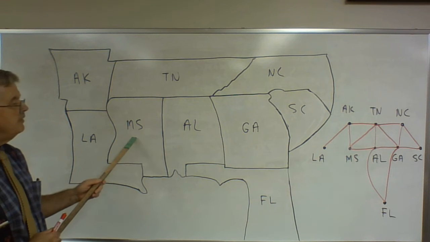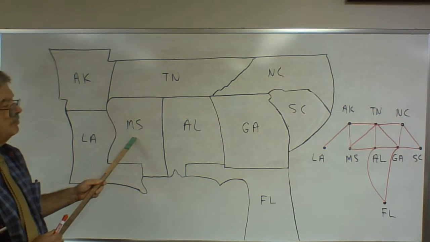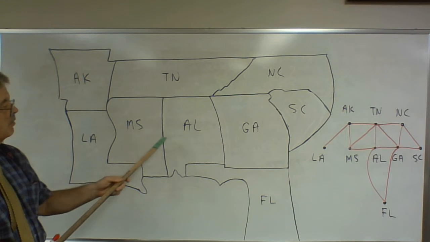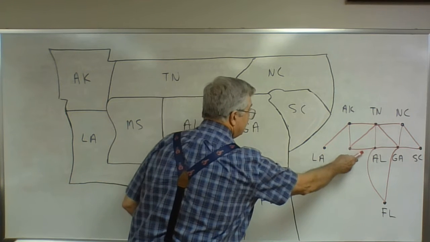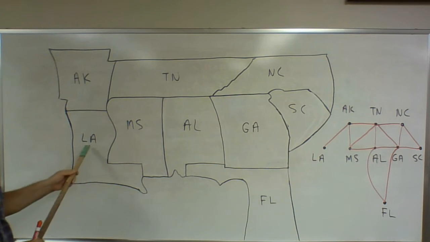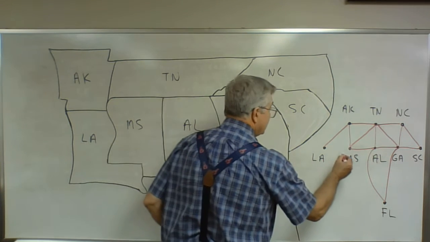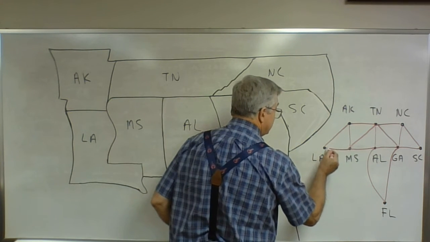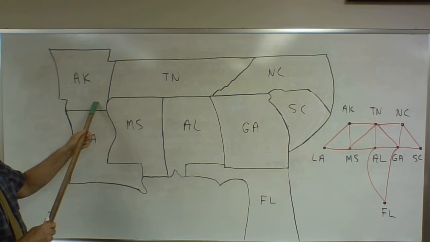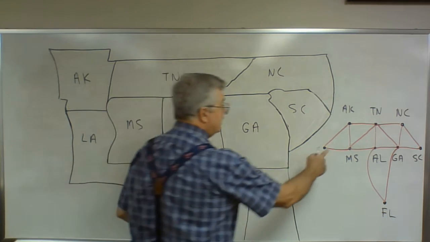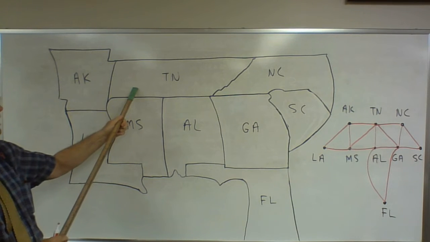Let's do Mississippi. Mississippi borders, we'll start with Alabama. Mississippi borders with Alabama. We got that. Mississippi borders with Louisiana. We got to put that in. Mississippi borders with Arkansas. We've already got that. Mississippi borders with Tennessee.